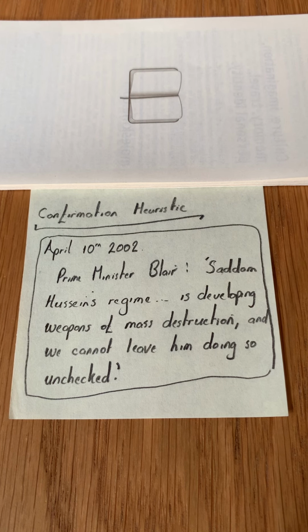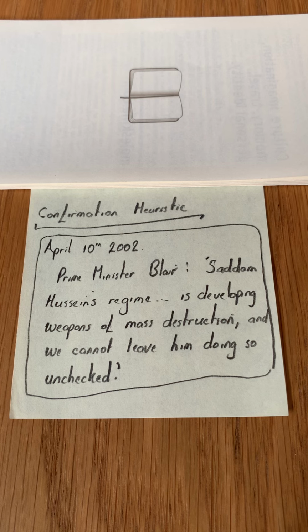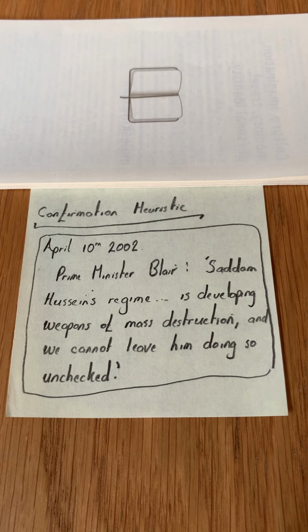The confirmation bias or confirmation heuristic. We all do this. It's the observation that we form beliefs, really. We have ideas and beliefs and views about things, and then we search for evidence that supports our pre-existing beliefs and views, rather than being guided by an objective balance of all the available evidence, and then reaching a balanced opinion on the basis of that evidence.